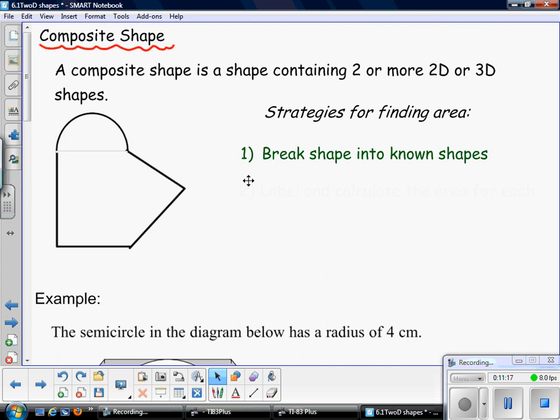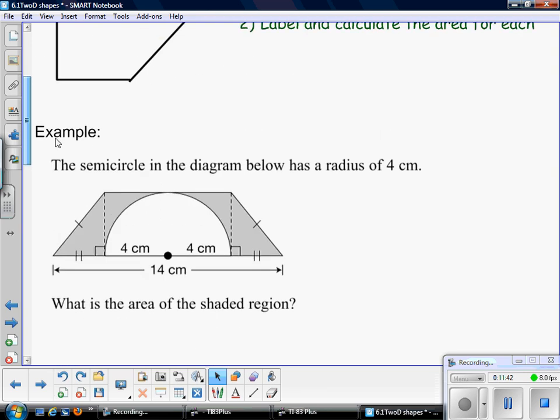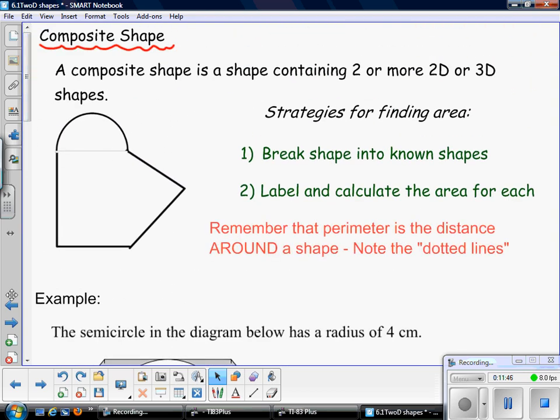If I look at this one, I can see that I have part of a circle, a triangle, and a rectangle. I know those shapes, so that's what I would do. I would label my diagram, and then calculate the area for each of those shapes. It's that simple. So I'm going to pause it and then we're going to look at, I guess, 3 different examples in this section. So it's not too bad, I do not believe.